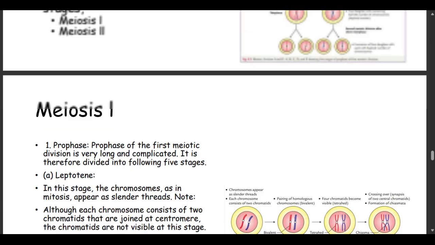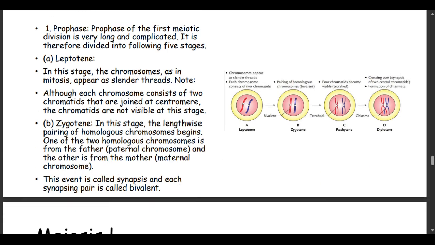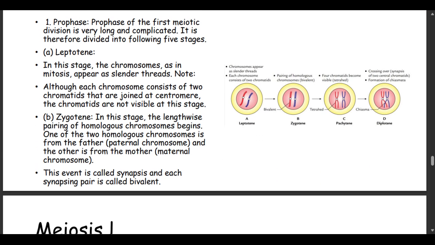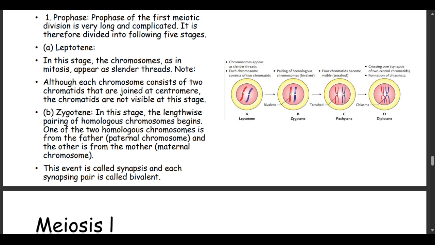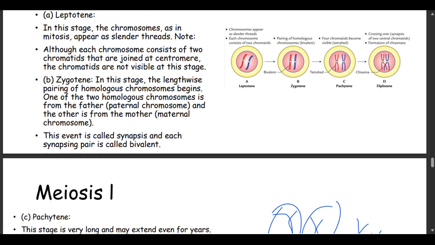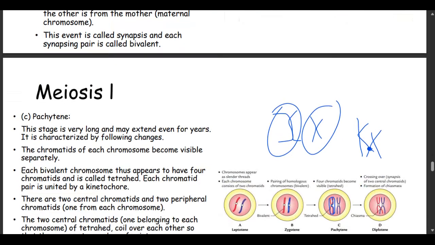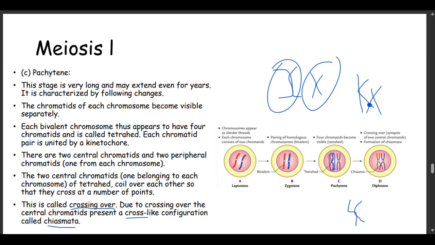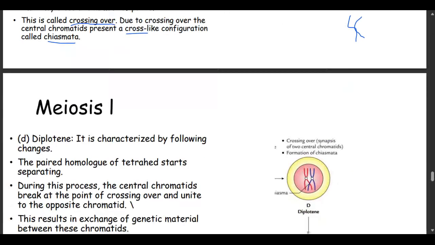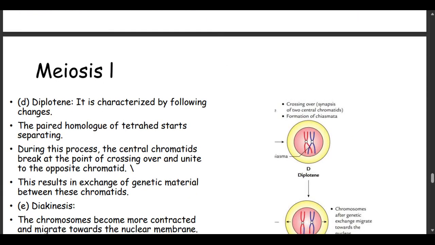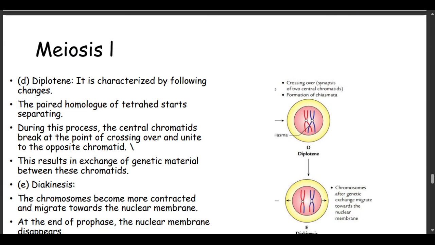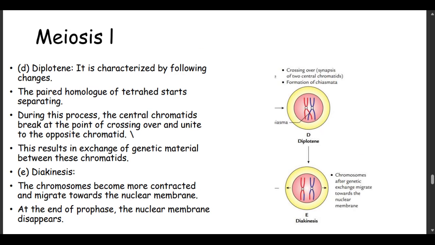So just to recap, in the leptotene stage, you're having condensing. In zygotene, you're having synapsis. In pachytene, you're having crossing over, and then in the diplotene stage, you are having, what's this?